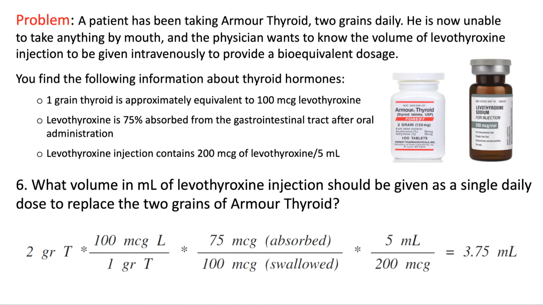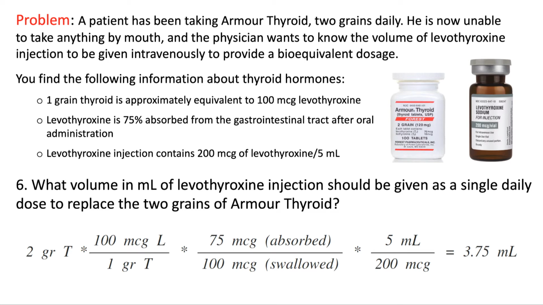Remember, our 75% absorption means only 75% of a dose actually gets into the blood, which means out of 100 micrograms swallowed, I'm only going to absorb 75 micrograms. So now my micrograms of levothyroxine swallowed essentially cancel, and I now have the weight in micrograms of levothyroxine that would have been absorbed into the blood. That's the dose that needs to be given via an intravenous injection.